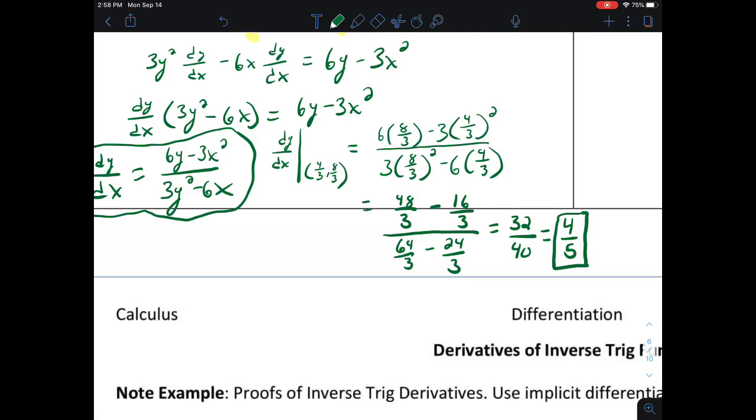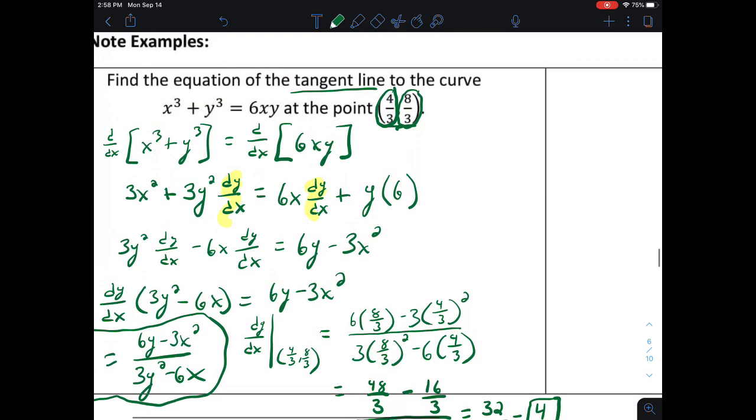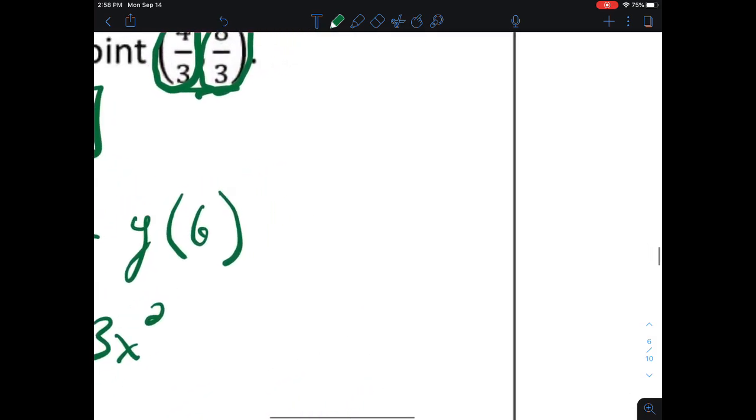All right, so we wind up getting 4/5. That is the slope of our tangent line. So we're going to write our equation of the tangent line.